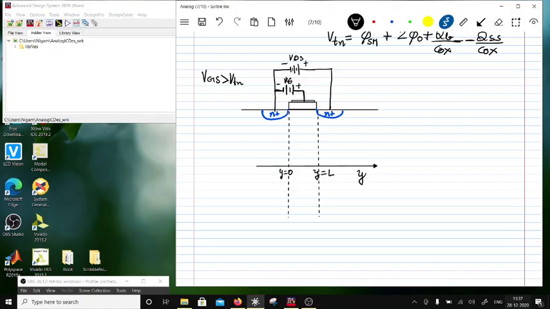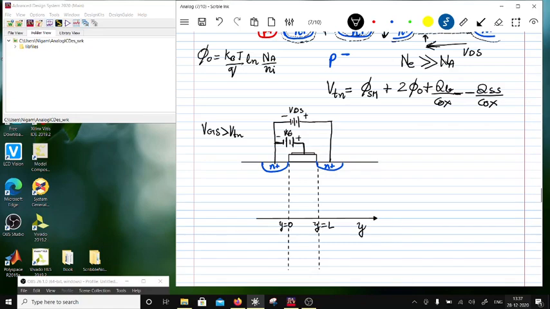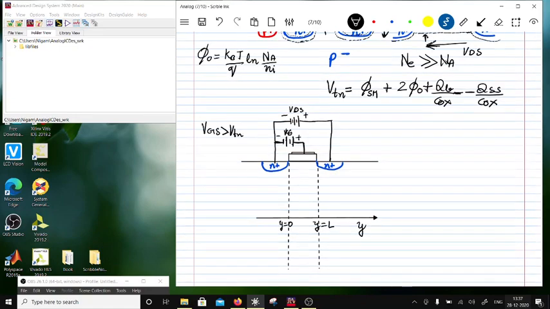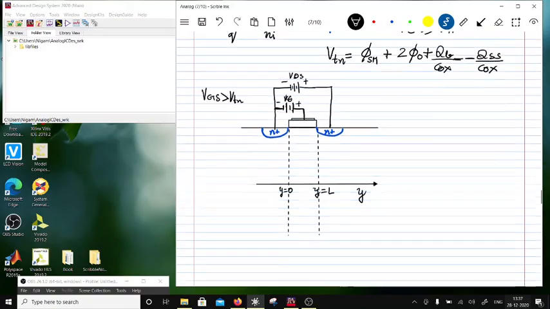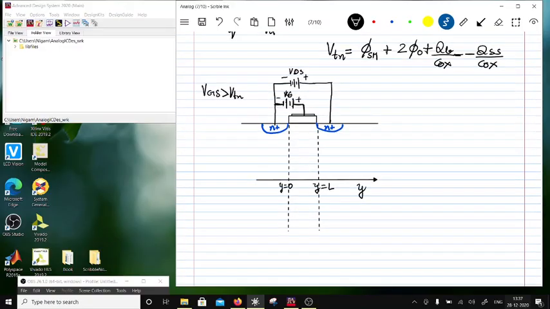So let us consider a case where this potential VDS is applied. VGS has to be greater than VTN for the channel to appear. Now let us assume what happens when we apply VDS.